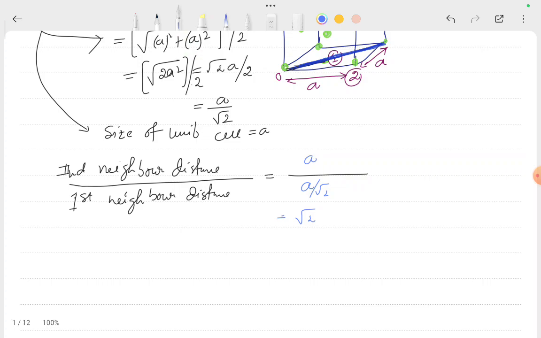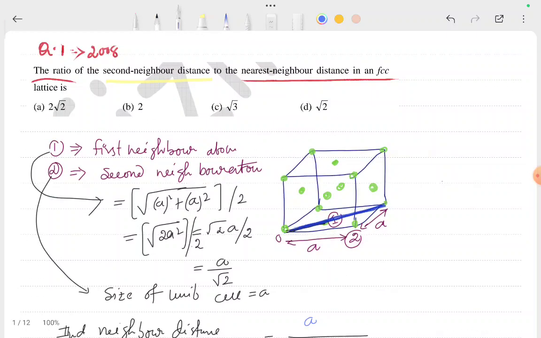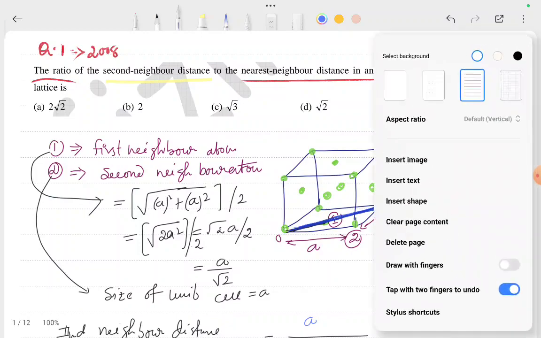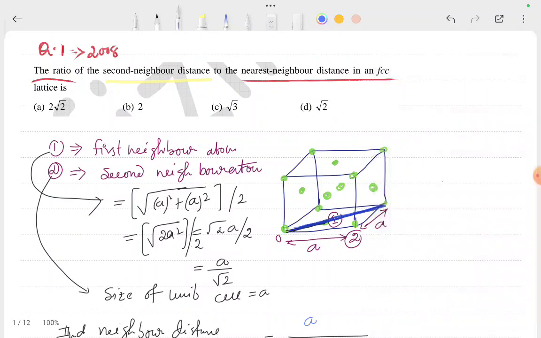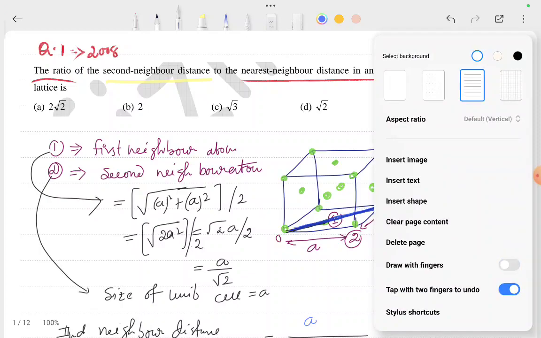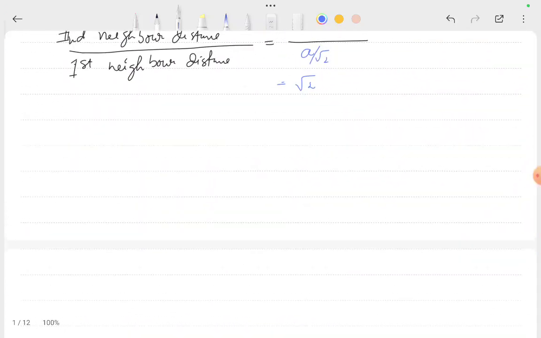I think you got the answer to the given question. It's root 2, so option D is the correct answer. I think you understand the steps used here.